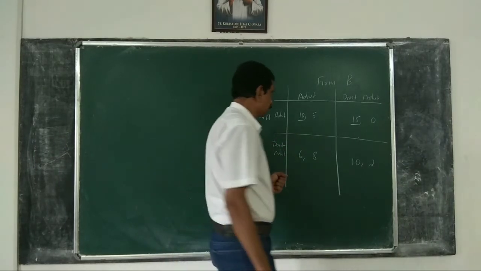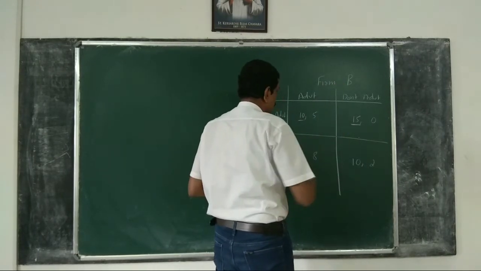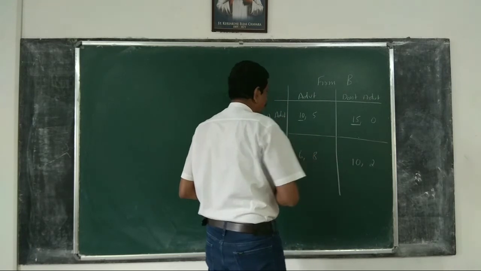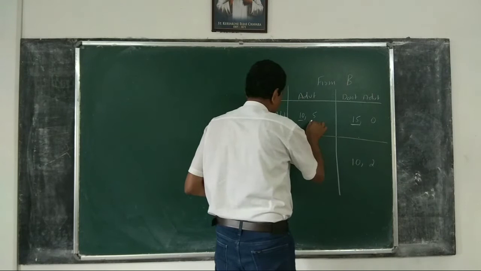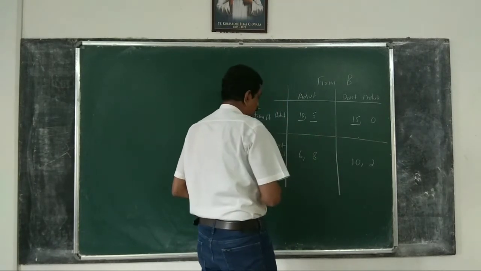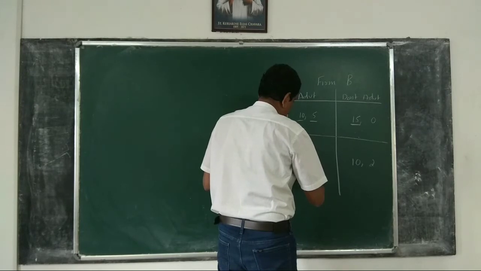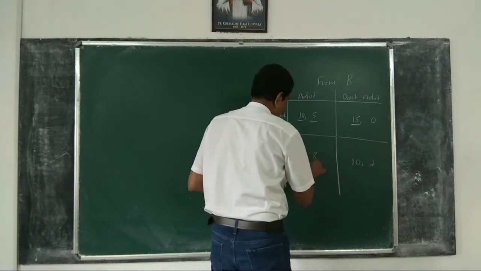What about B? If B thinks that A will advertise, if B advertises, it will get 5. Don't advertise, only 0. If B thinks that A doesn't advertise, it will get 8 if it advertises, 2 if it doesn't.